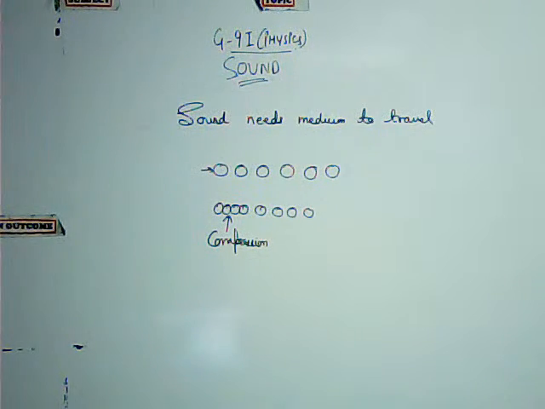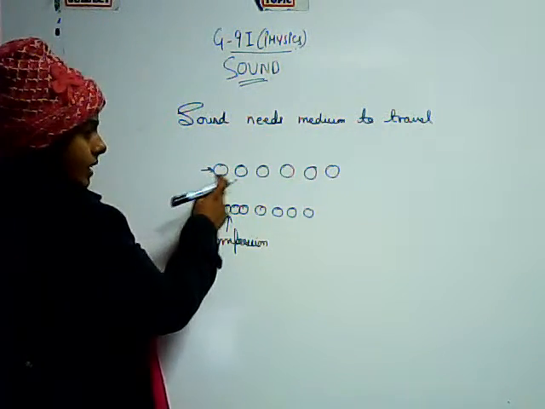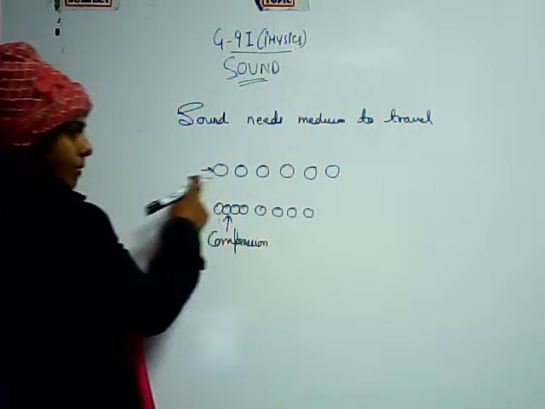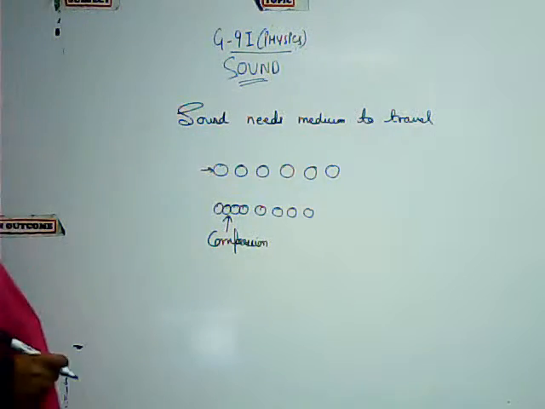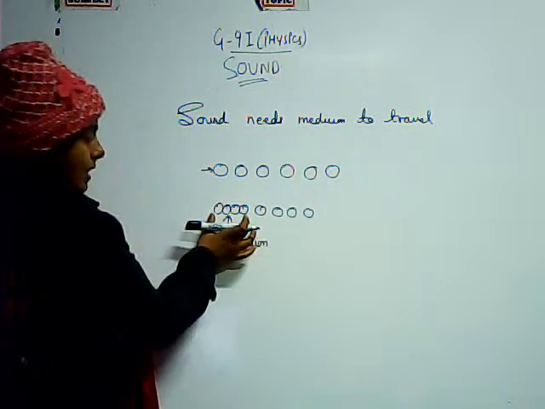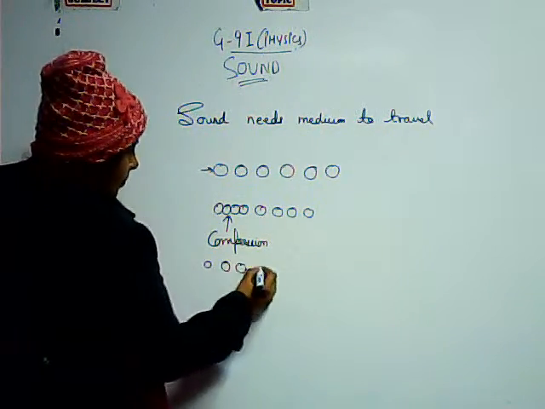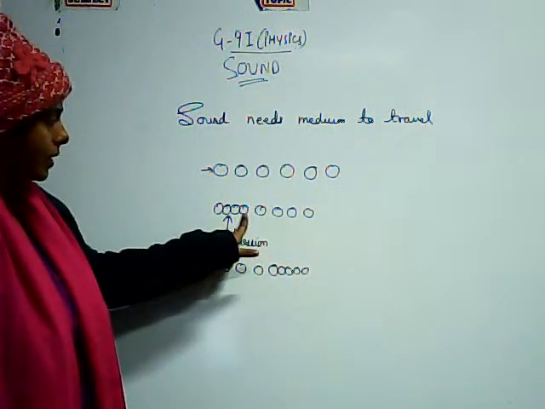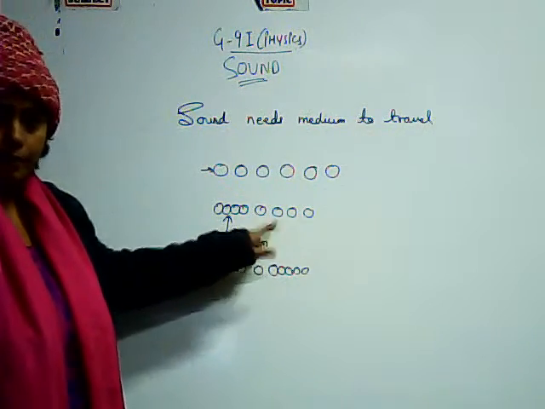Fine. Now after this, what happens? This molecule will not go further, it will strike the next and come back. It will go forward and backward. Same for the second, it will go forward, backward. Now once they get compressed, compression formation happens, then they will be apart. And this molecule is going to apply force onto the next molecule. These are going to be compressed. Fine.